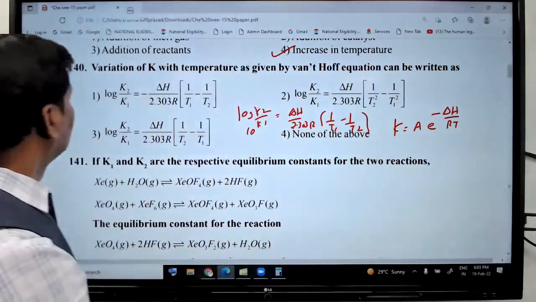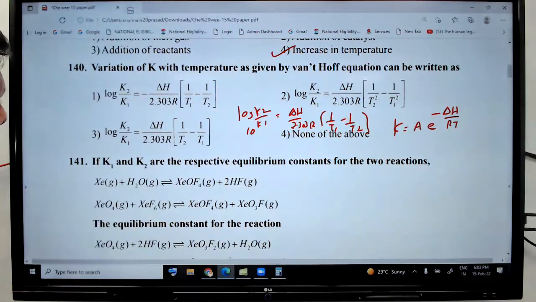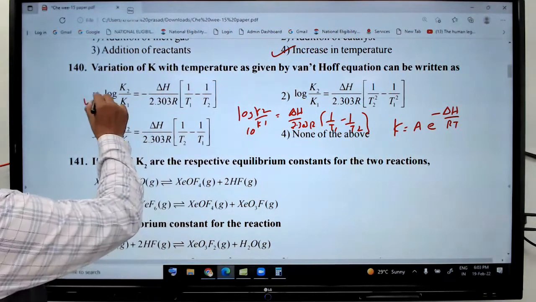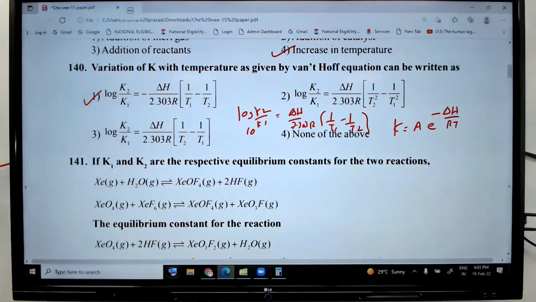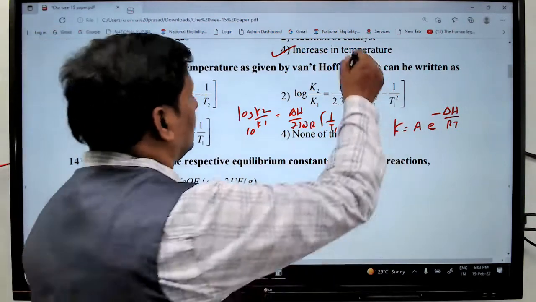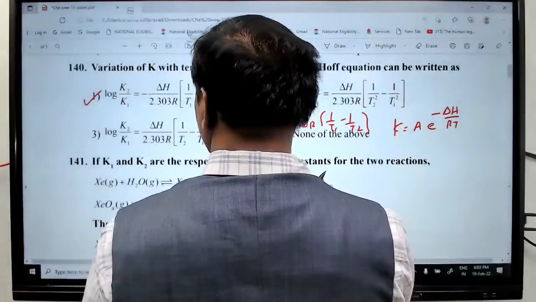Yes, 1 by T1 minus 1 by T2. So the first option will be correct. Question number 140, the first option is correct. It is a direct formula based on the effect of temperature on the equilibrium constant. Okay, next question.